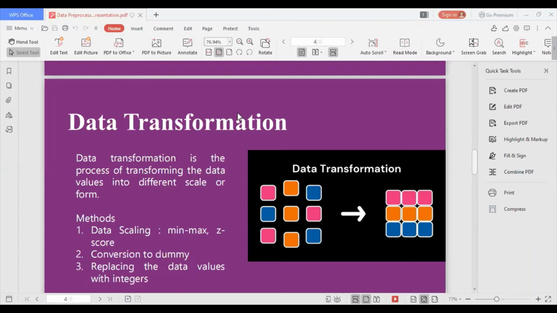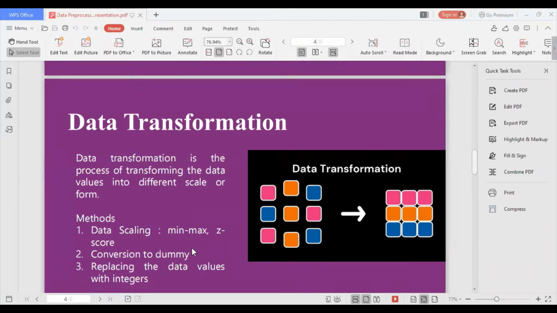You might need to scale it into a particular scale, maybe USD. So data scaling is one of the data transformation methods, to transform your data set into a suitable form for your machine learning operations.